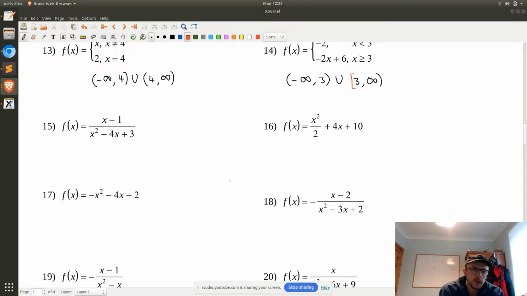All right, for this function here, we can rationalize the denominator. And so it will mimic the hyperbola. It's just that the values of 1 and 3 are of interest.